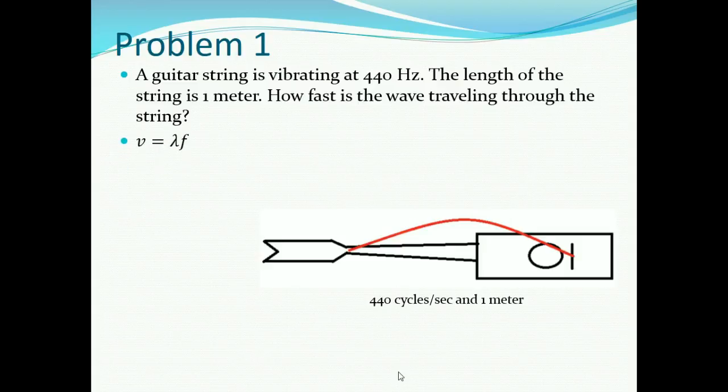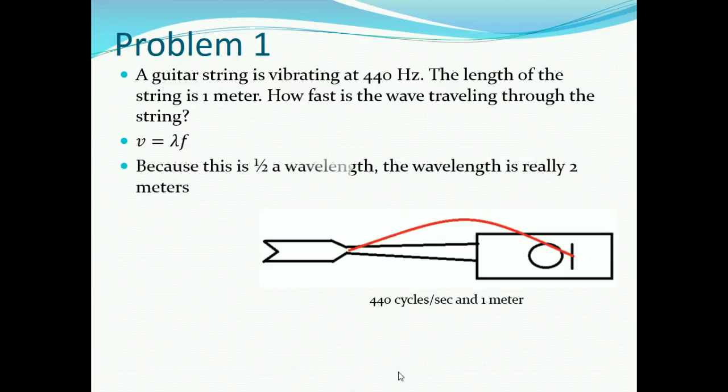So we have our formula: velocity equals wavelength times frequency. Because this is 1/2 a wavelength, the wavelength is really 2 meters. The reason why this is 1/2 the wavelength is one whole wavelength is like this. We have the bottom and then the top. In this guitar, we only have the top.